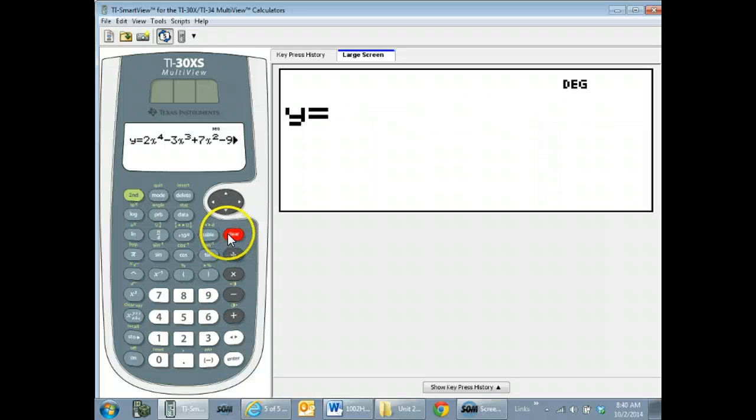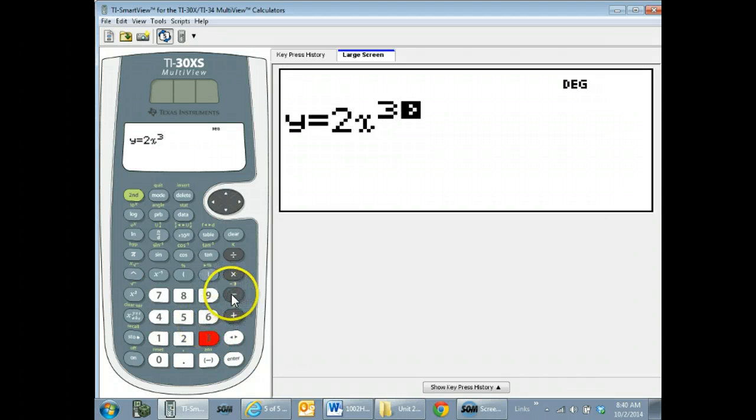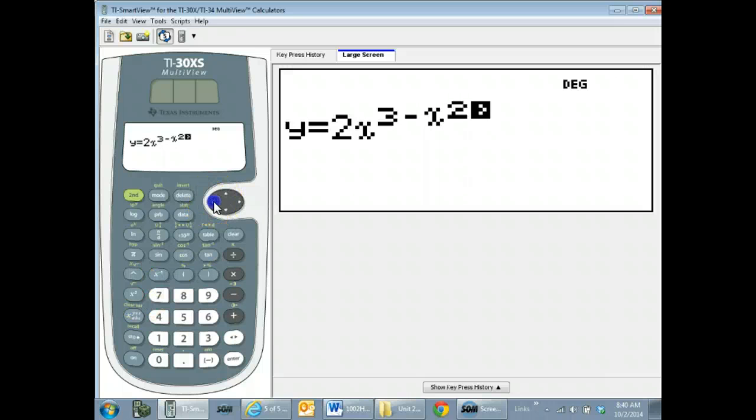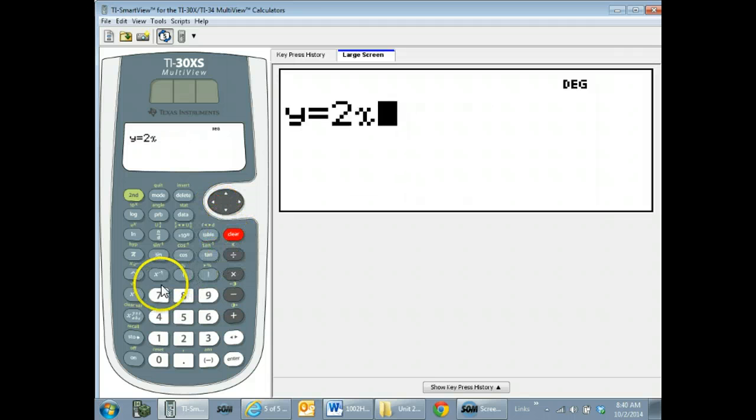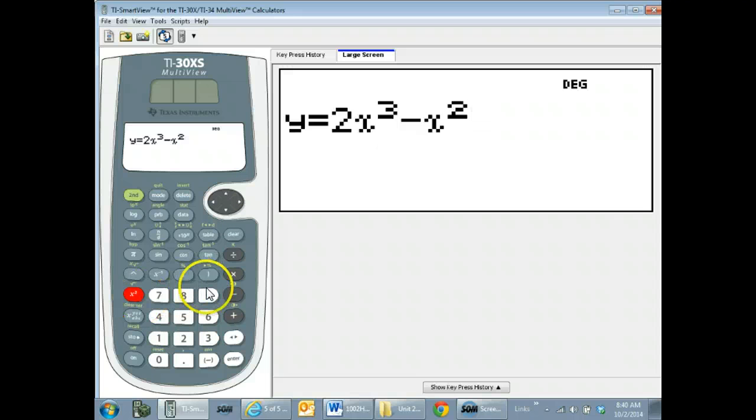Okay, so I'll go to the table and type this thing in. So I got 2x to the third power minus x squared. Okay, that's not good. You know what? I'm just going to do it over. All right. 2x to the third power minus x squared minus 13x minus 6.